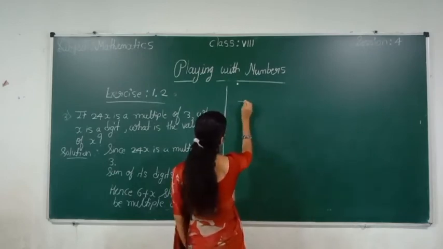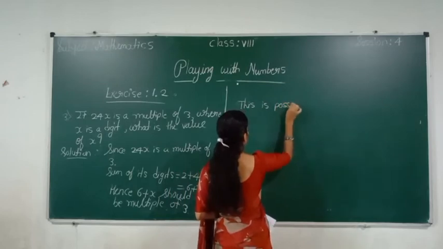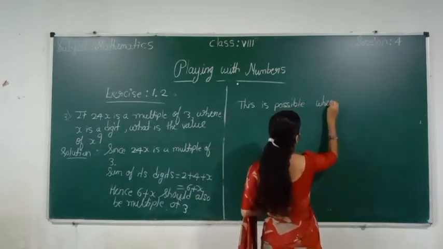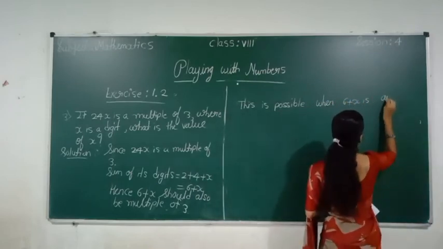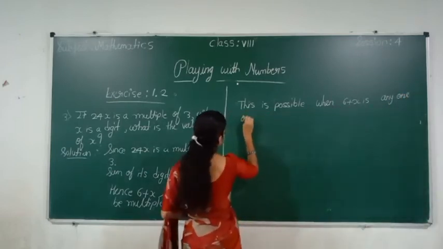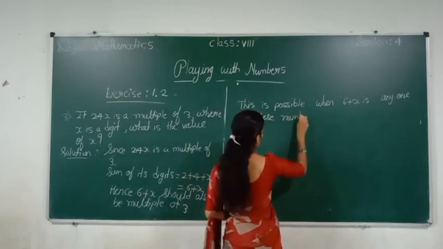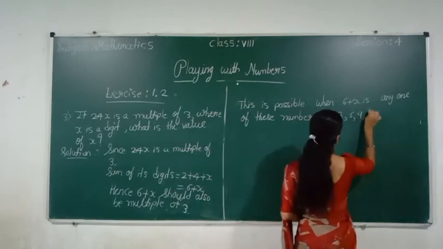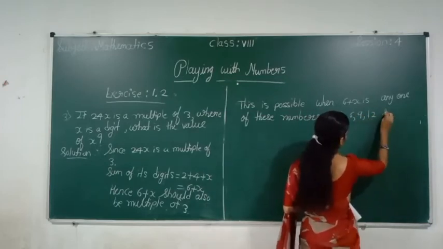See here, this is possible when 6 plus x is any one of these numbers, that is 0, 3, 6, 9, 12 and so on.